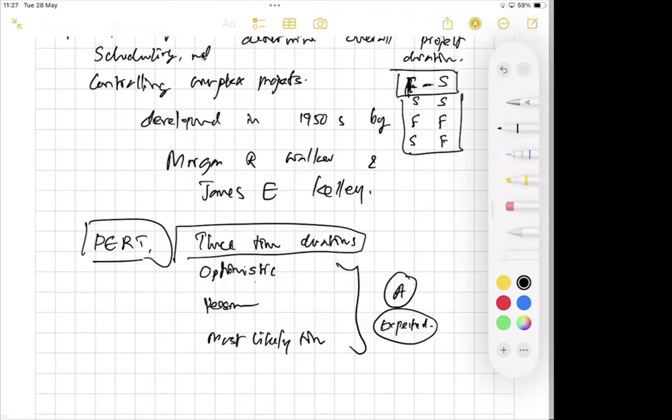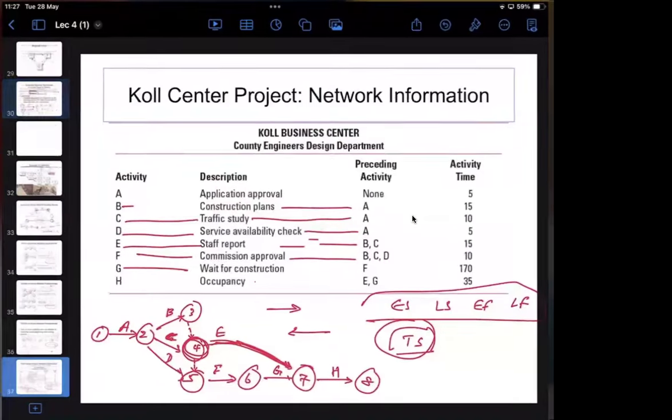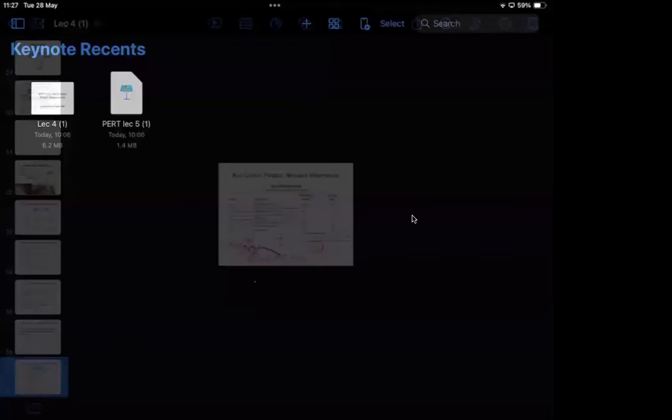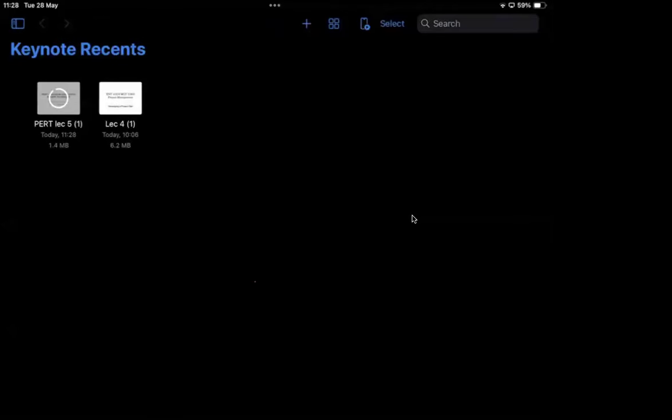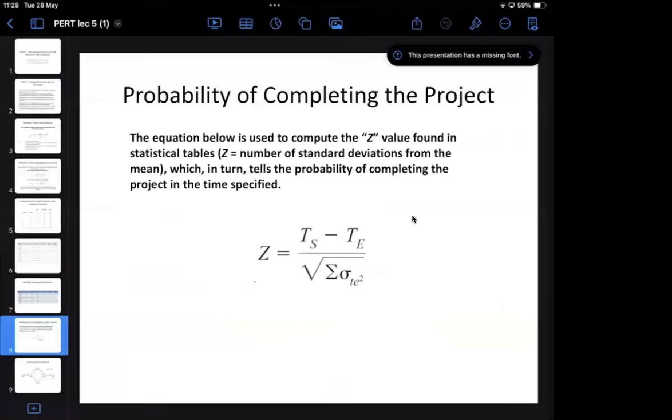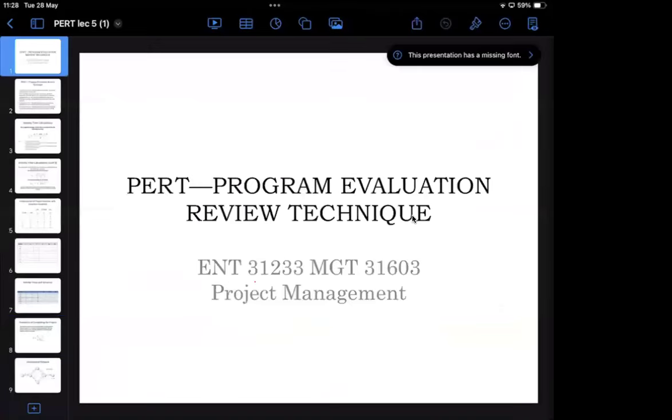Right. Then it's easy. Program evaluation and review technique.